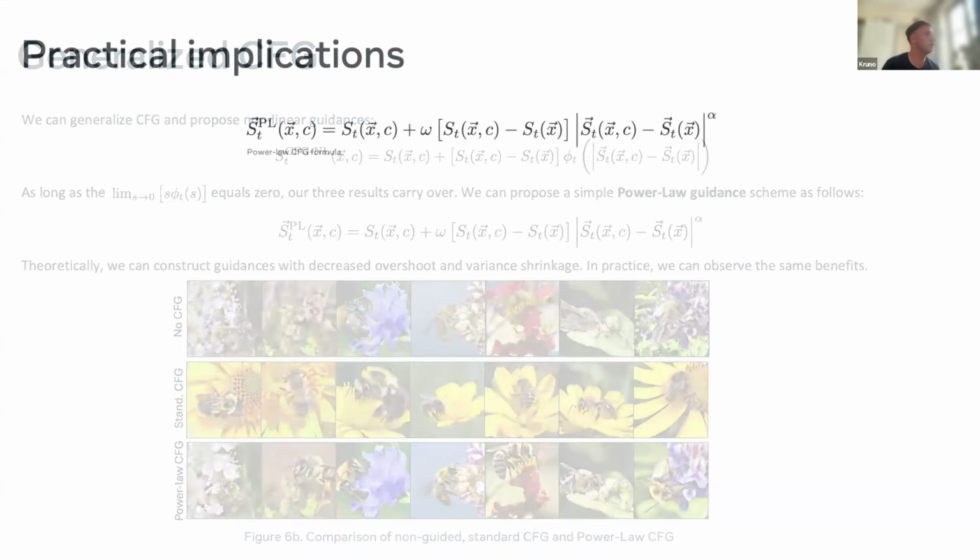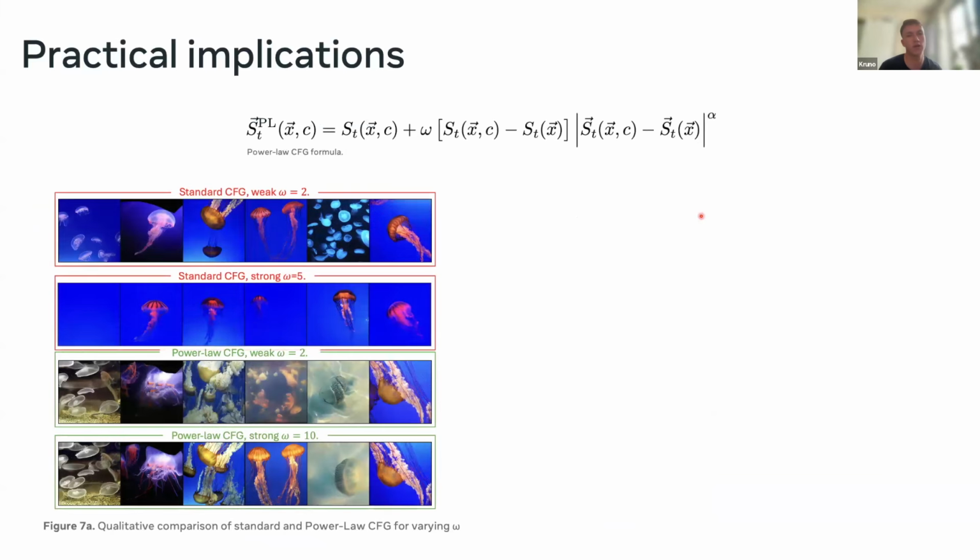So what we did is we first analyzed whether this effect of mode collapse is as prominent in our nonlinear proposed version as it is in standard classifier-free guidance. You can see here, this is again diffusion transformers trained on ImageNet.